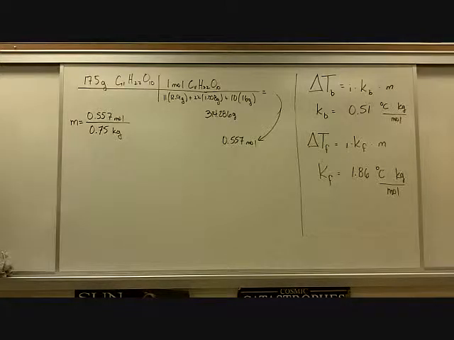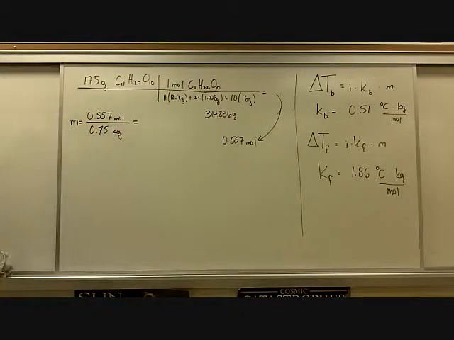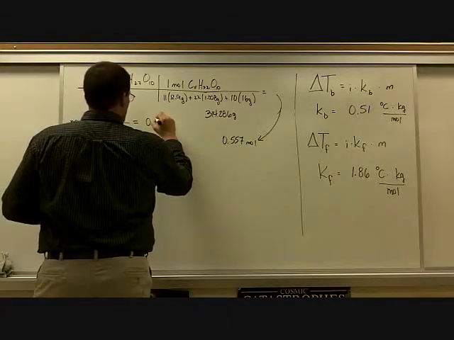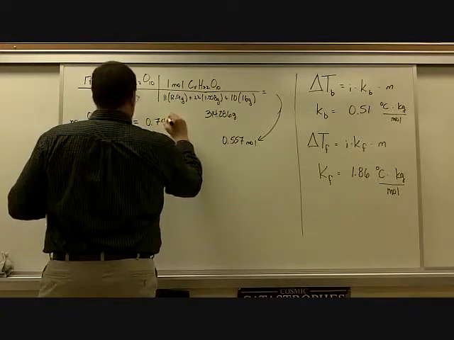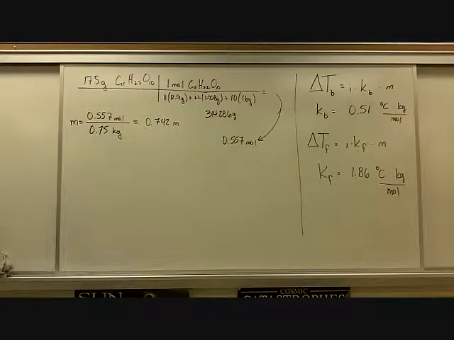You move the decimal and change the unit. We did that on an earlier problem, so I don't want to necessarily show it to you. So 0.557 divided by 0.75 gives us 0.742. And that's little m, molality, which is moles per kilogram.